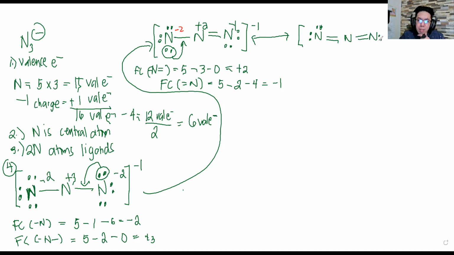Okay, don't worry. We'll solve this problem. What will be the charge here, Josh? -1. Kasi they are similar, right? From the previous double bond, yung terminal. How about the central atom? Negative one. So this will be plus 1 po.